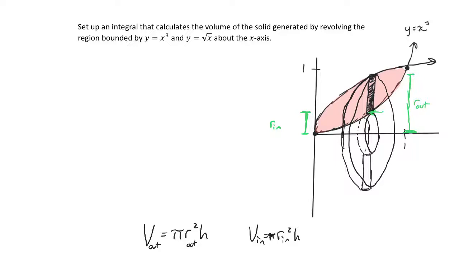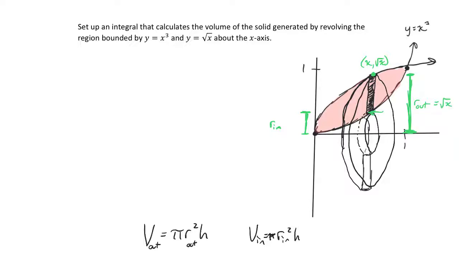Now, again, think about which direction we're moving. We are moving vertically. If you move vertically along a line, your x value stays constant, but your y value changes. We start at y equals 0. We end up here at y equals whatever the value is on the top curve, and this point is (x, square root of x). So the y value is radical x. That's my outer radius.